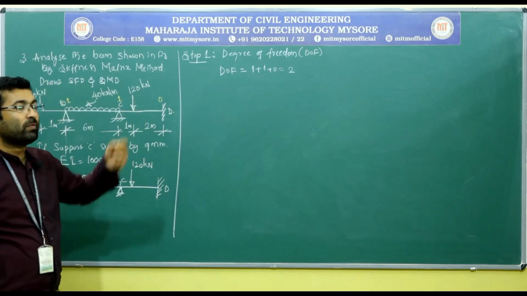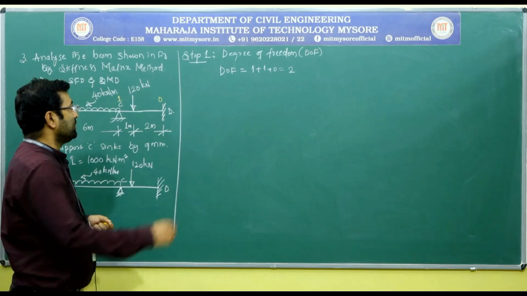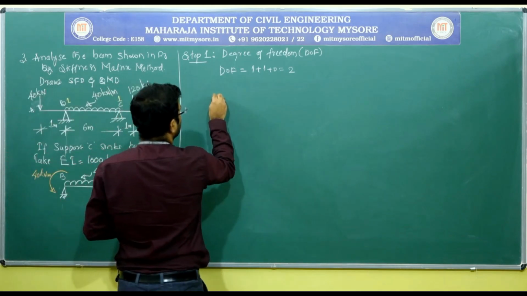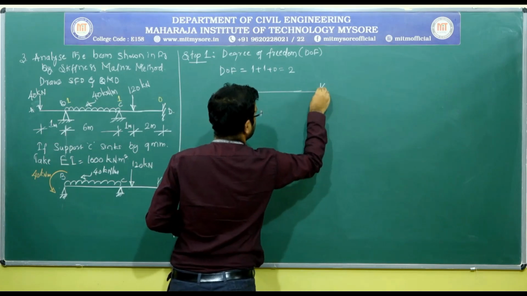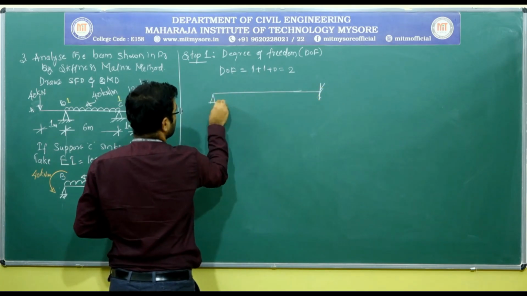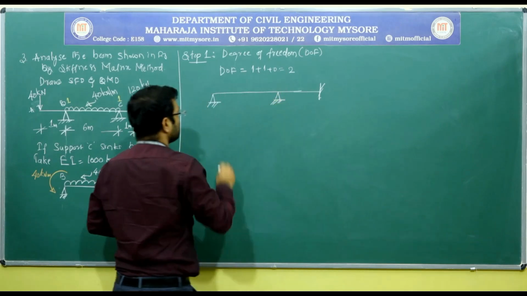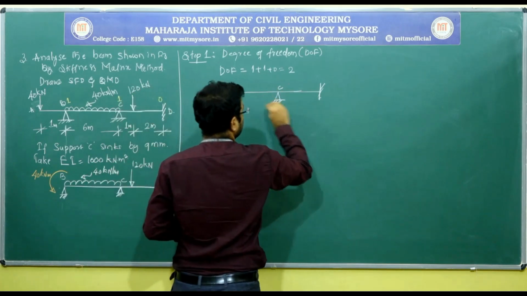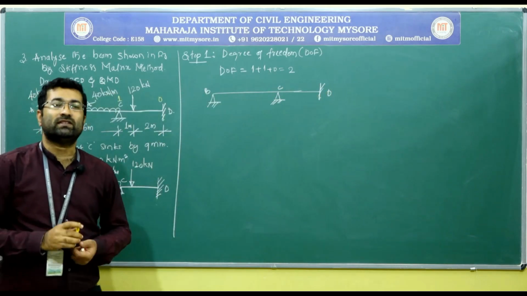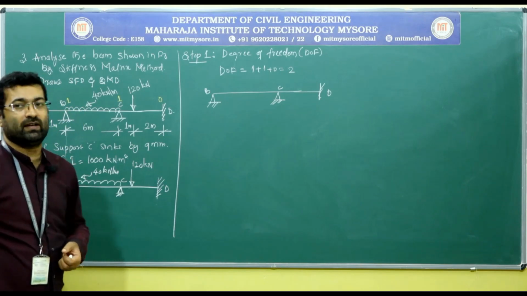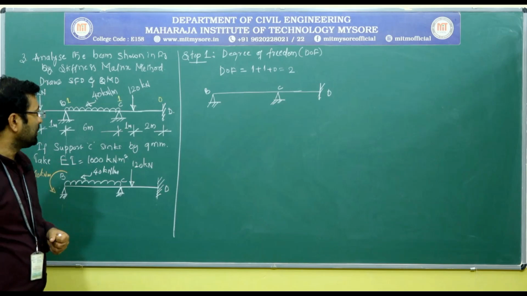So once we know how many degrees of freedom we have, then we need to assign the coordinates. So let us consider the beam again as it is. Here we are not supposed to show the loads. So this is B, C and D. Now on this I need to represent the coordinates. Where should I consider the coordinates?